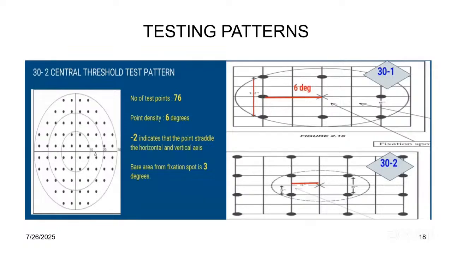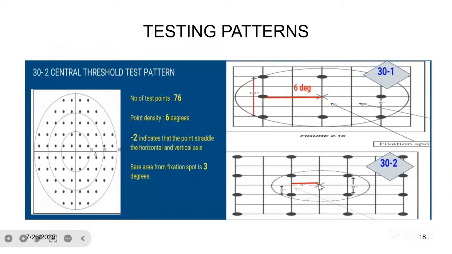So, for the different testing patterns, for 30-2, it actually tests about 76 points, and the point density is about 6 degrees. And then the bare area for fixation spot is about 3.